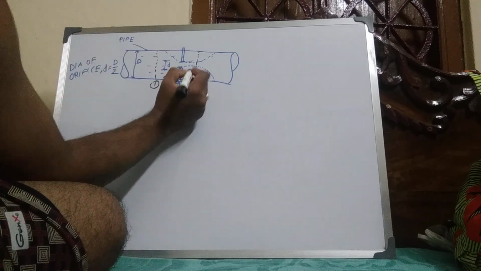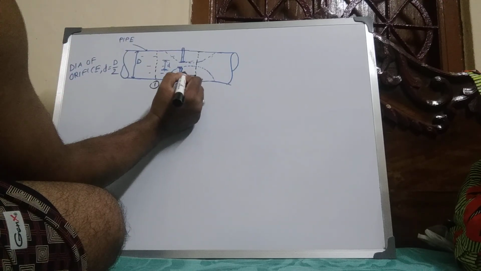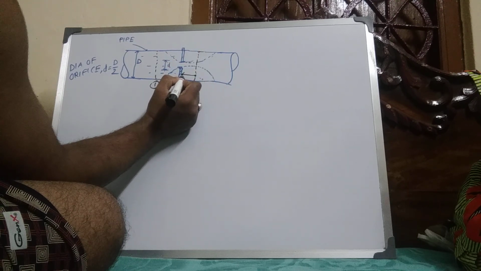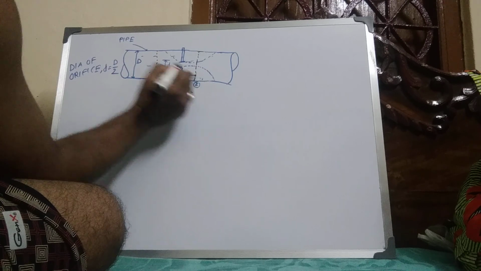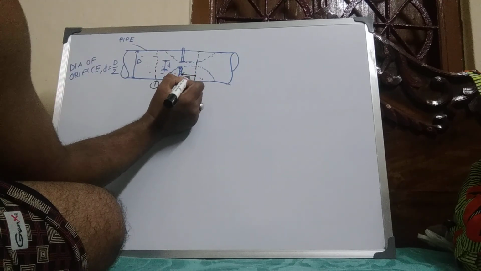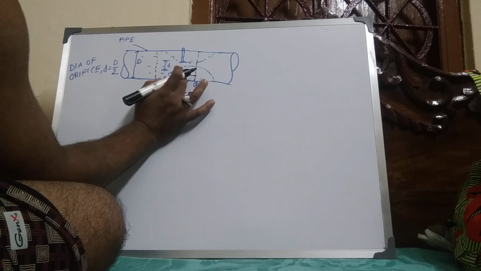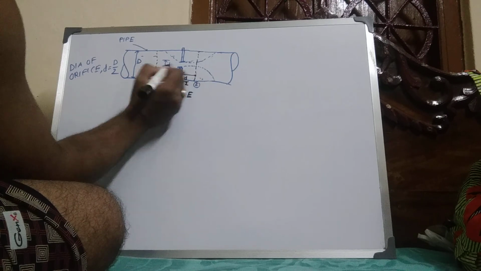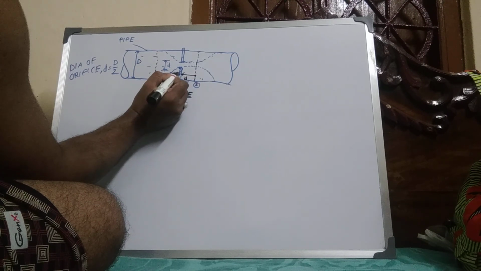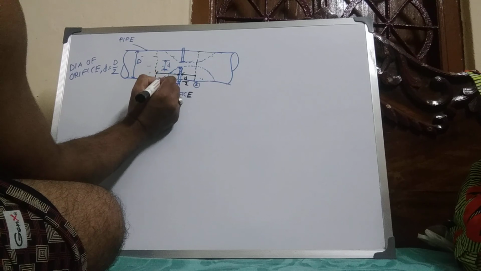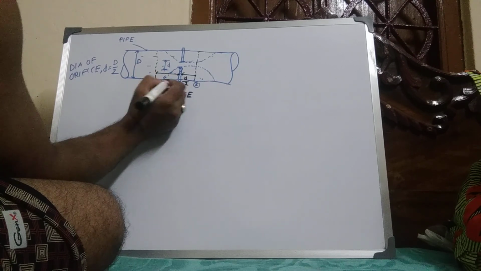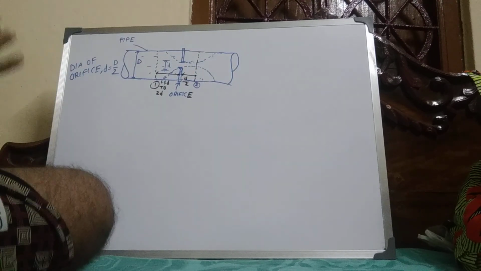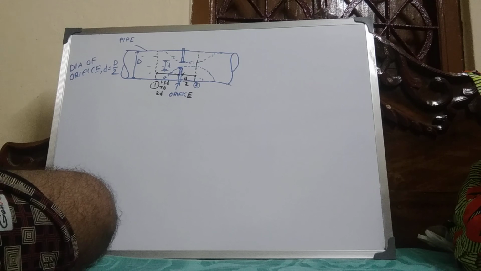And this is section 2, the orifice diameter small d. This length is D by half, and this length is 1.5D to 2D. Understand?